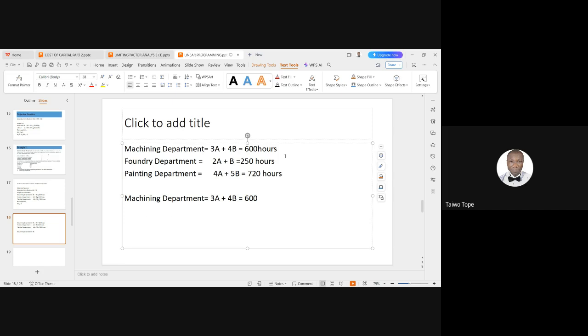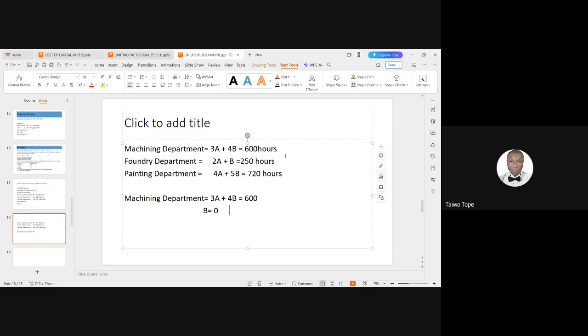So now, for the machining department, A is unknown. How are we going to get the value of A? We can get the value of A by saying let B be equal to 0. If B is equal to 0, what is A?